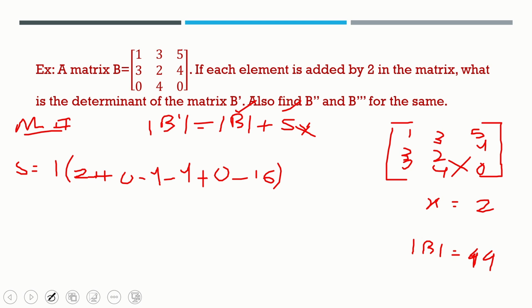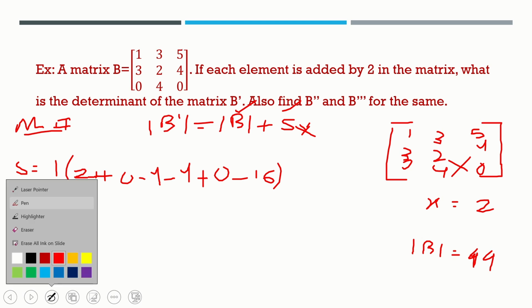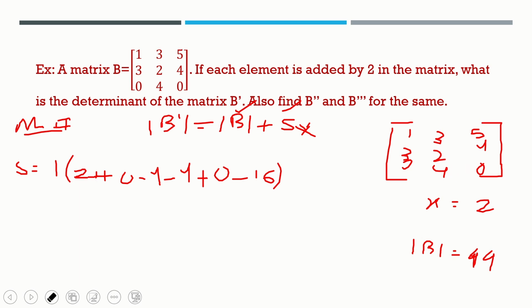Okay, so this way you have to do. And minus 3 into, similarly 3 plus 0 minus 0 minus 4 plus 0 plus 0.